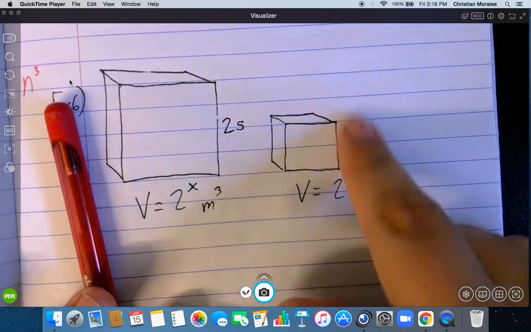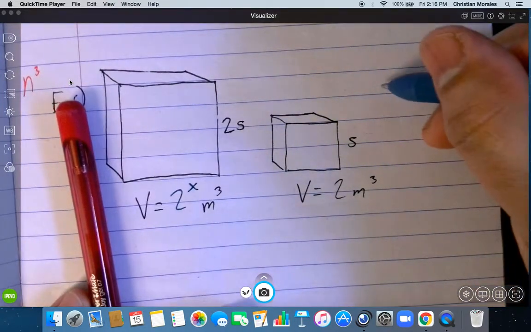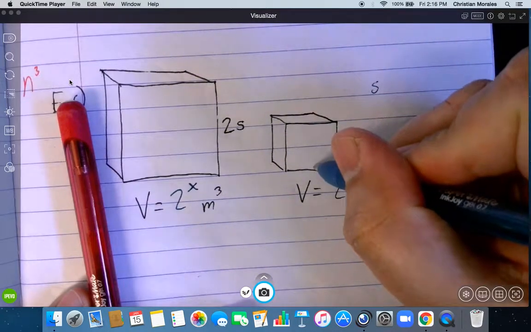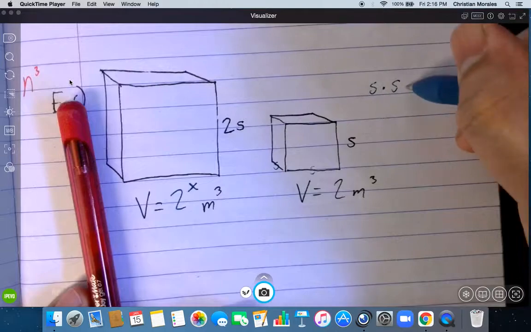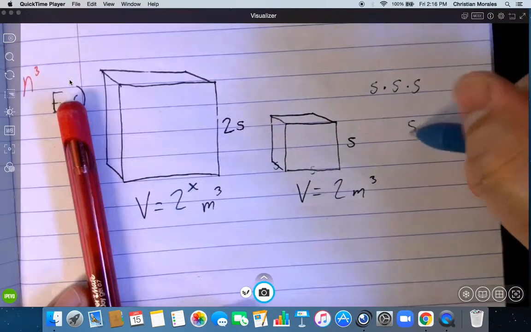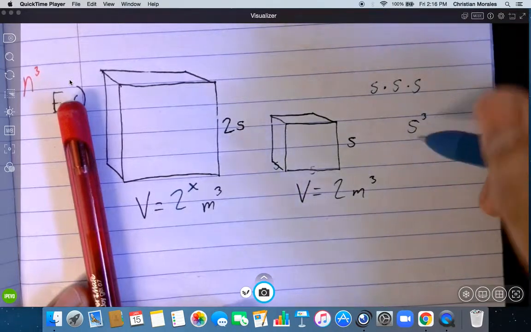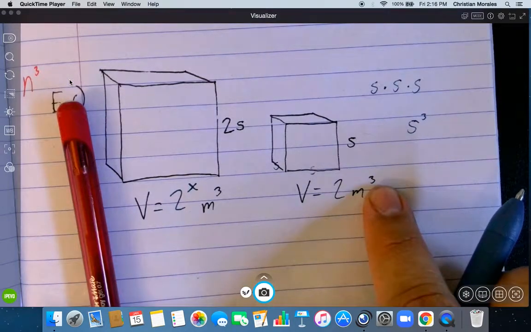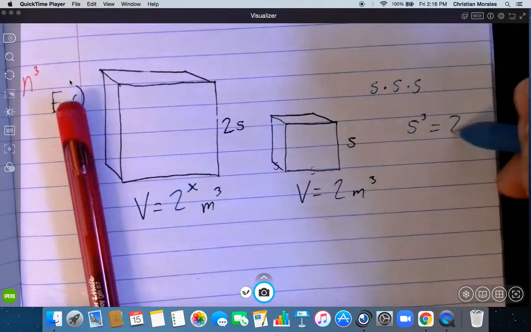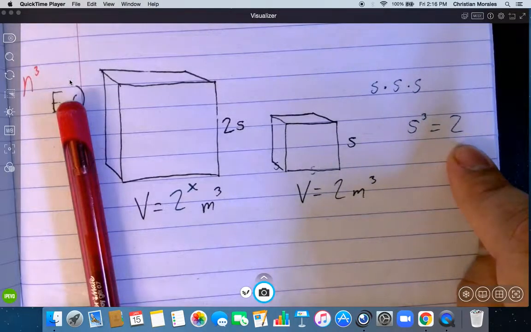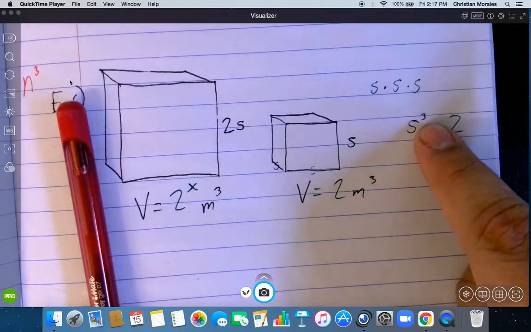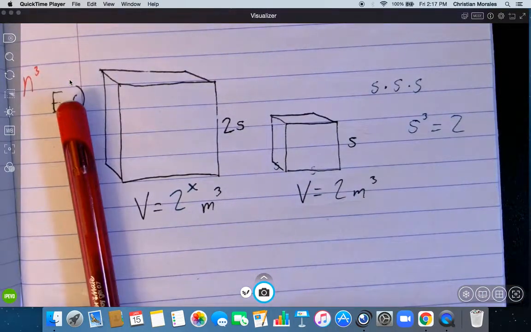If you're looking for the volume of a cube, you're taking the side and multiplying it times another side and times another side. So it's side times side times side, or side cubed, which is why we have the power of 3 here. Now, when I take that side and I cube it, my volume is 2. Well, if I want to solve for that, I have to get rid of the cube.